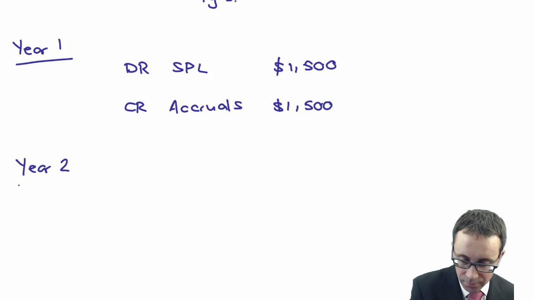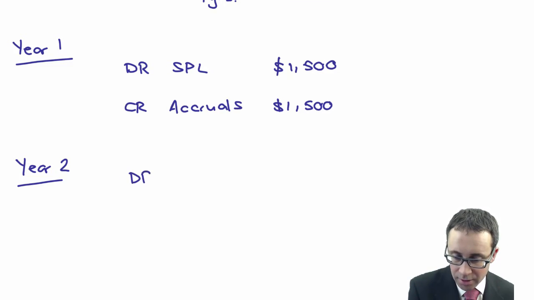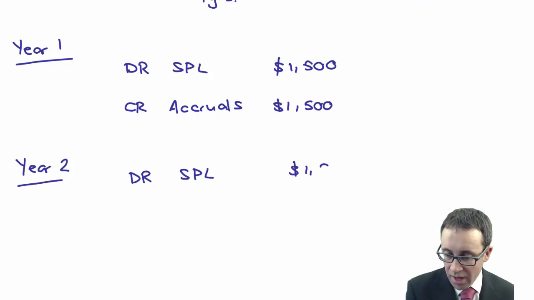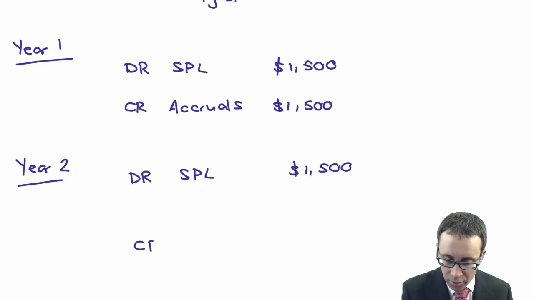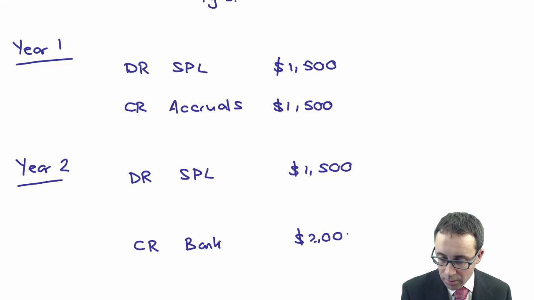In year 2, again we still need to recognize an expense of 1,500, because that's the same expense every year for the 4 years. We then credit the bank with 2,000, which is what we pay at the end of the year, because it was in arrears.